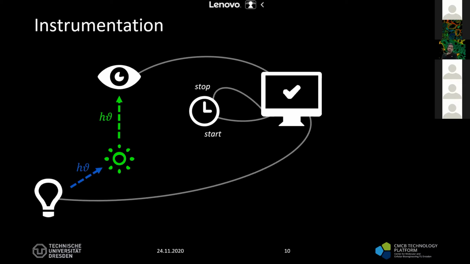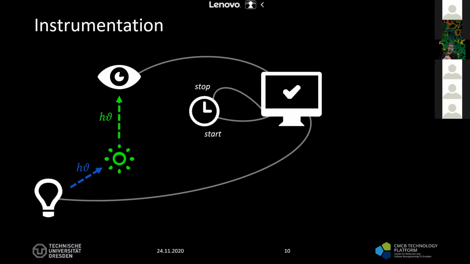And in time domain FLIM imaging, FLIM microscopy, we use pulse lasers. So it means that every single pulse which is sent toward the fluorophore would also send a signal to the computer and say, okay, I'm going to excite a molecule.